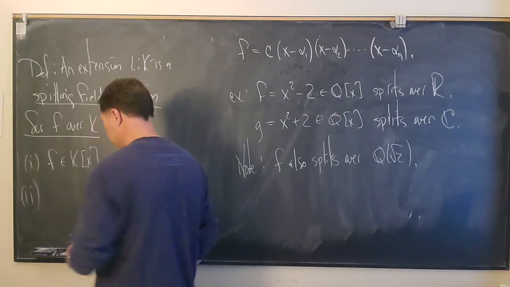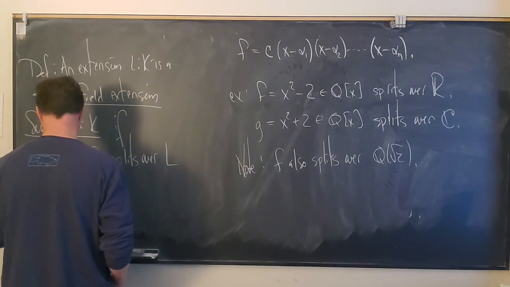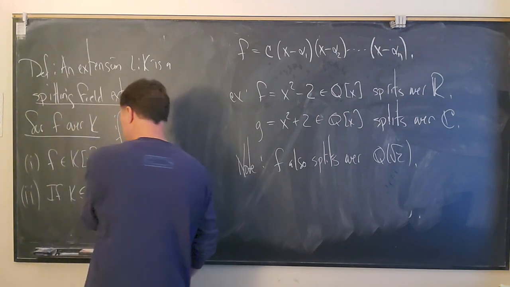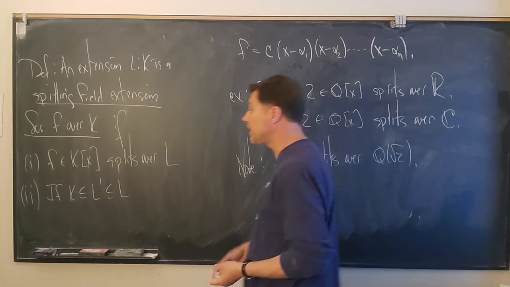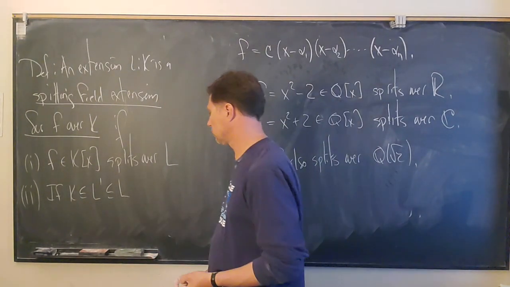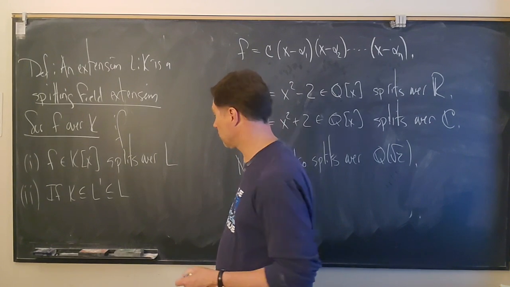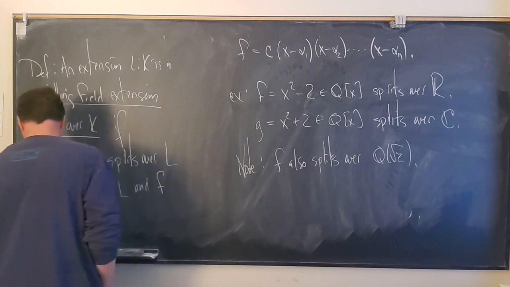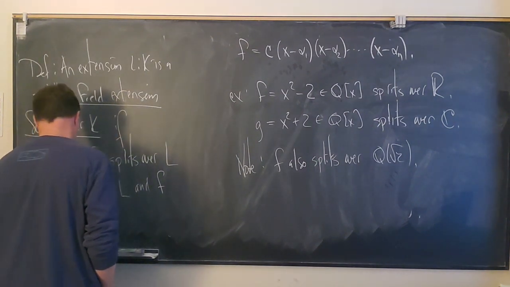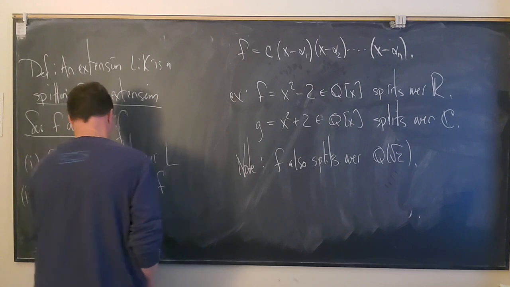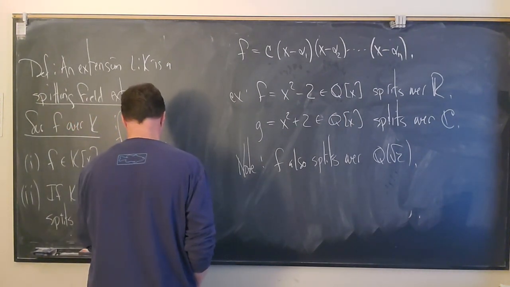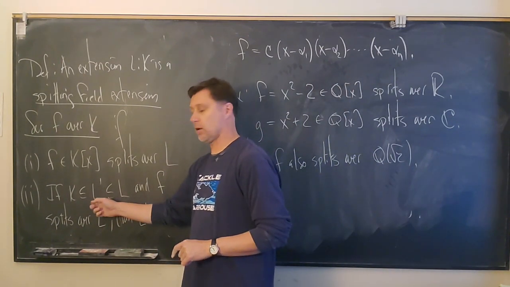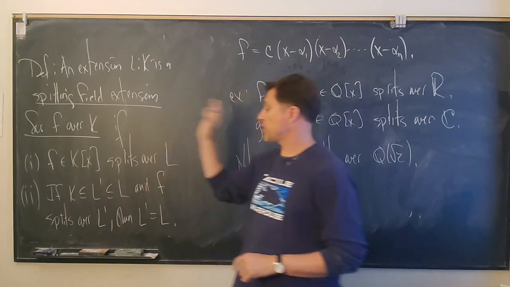And so it would go like this: if L prime contains K, so it lives intermediate to K and L, contains K and is contained by L, and f splits over L prime, then L prime has to equal L. So there's nobody strictly smaller than L over which f splits.